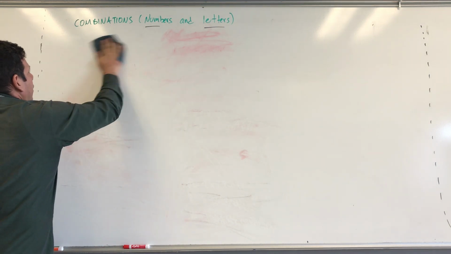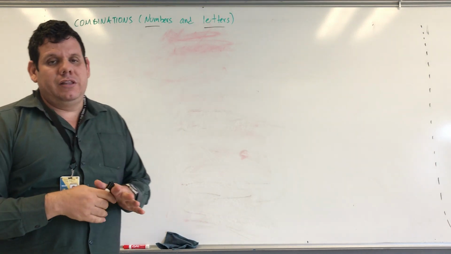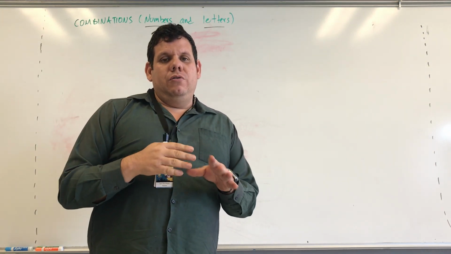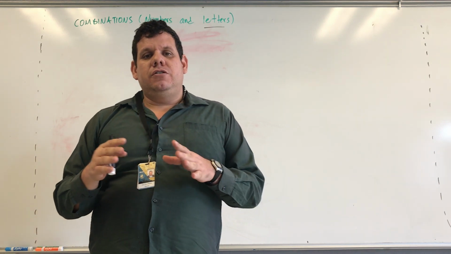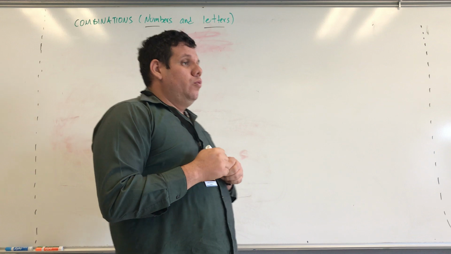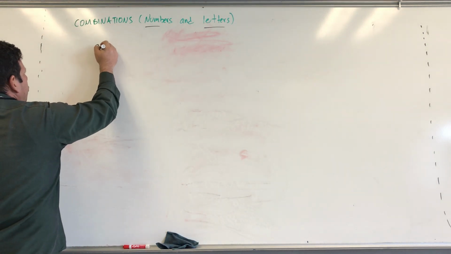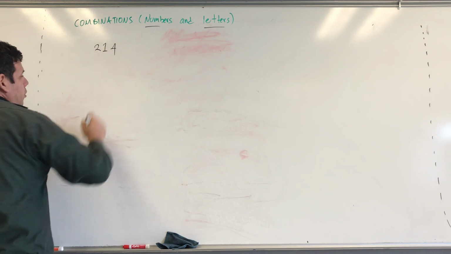If we go a little deeper with this, you should know that there are some restrictions for certain kinds of numbers, especially those 3 numbers at the start, the area code, like 214. You know this very well.